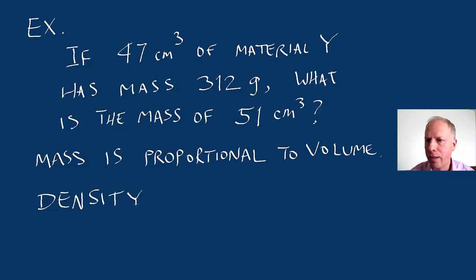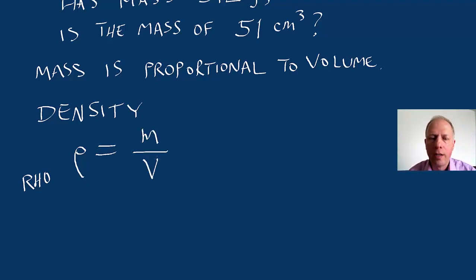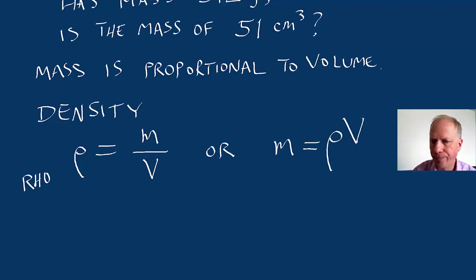Later in the book, density is officially introduced, but I'm introducing it right now. Density has the conventional symbol of a Greek letter rho, a lowercase rho, and it means mass divided by volume. For solving this problem, it's better if we rearrange the equation so it says mass equals density times volume.